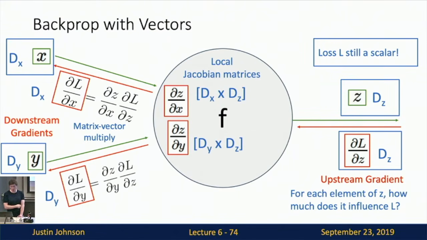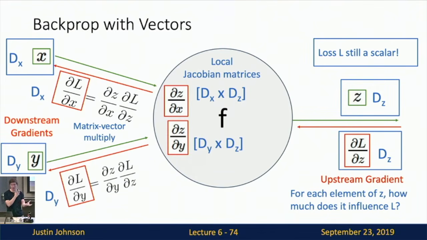So the downstream gradient that we produce for x is going to be dL/dx, which will be a vector of the same size as x. The downstream gradient we produce for y will be dL/dy, which is a vector of the same size as y. And now to actually produce these downstream gradients, we know we need to multiply the local and upstream gradients, but now that we're working with vectors, it's not a scalar multiplication anymore.